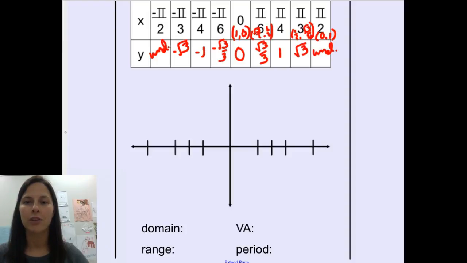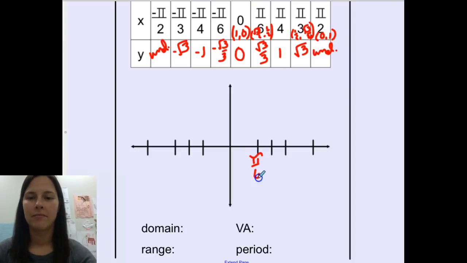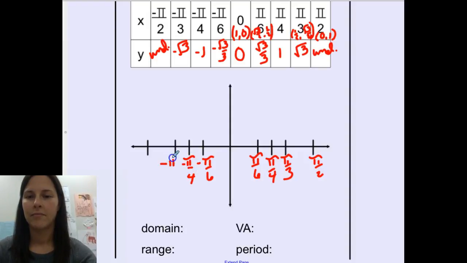There's jumps of either 30 or 15 degrees between them. Scaling our y-axis, square root of 3 is just shy of 2.